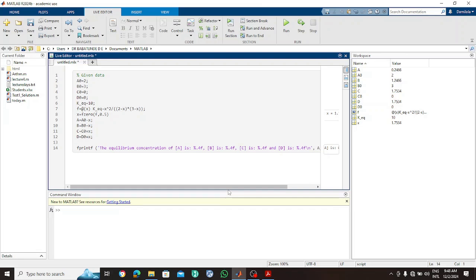So that means this equation that we have is not going to work the way it is, because first of all, the equation must look like a polynomial. In this case, since the highest power is 2, it has to look like a quadratic equation. The equation we have was K is equal to x squared divided by (2 minus x) multiplied by (3 minus x).